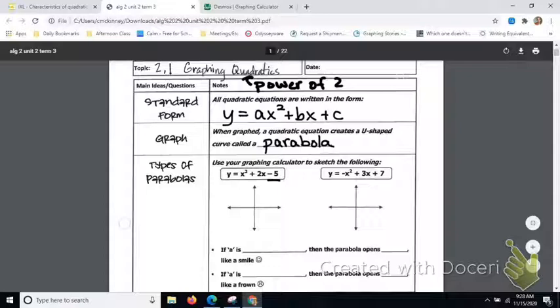The last number is always going to tell me where it crosses the y, and we'll talk about this more, but that always tells me where it crosses the y. So I know that's where it's going to cross the y at negative 5.